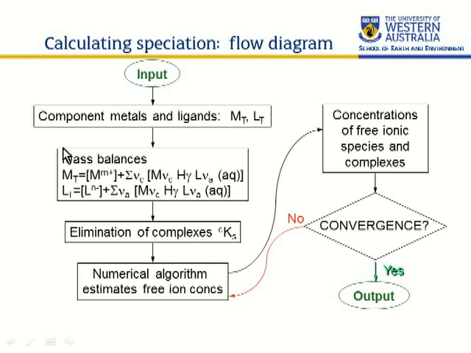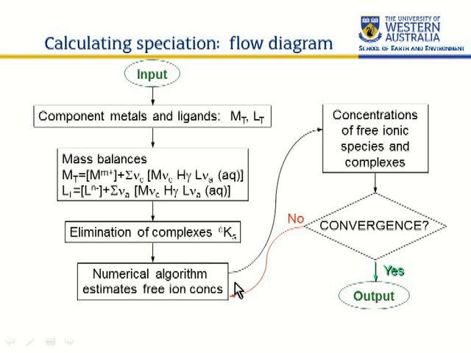And usually at the beginning of the program we also have a guess at what the free ion concentrations are. And then the number crunching engine in our software will estimate the free ion concentrations from the algebraic equations, often a large system of algebraic equations.